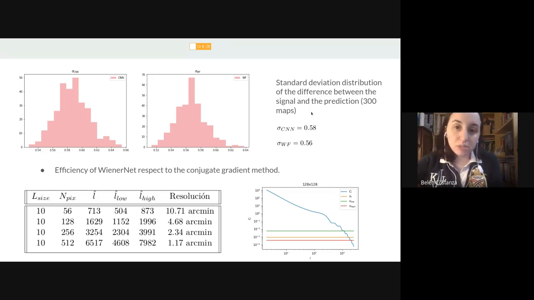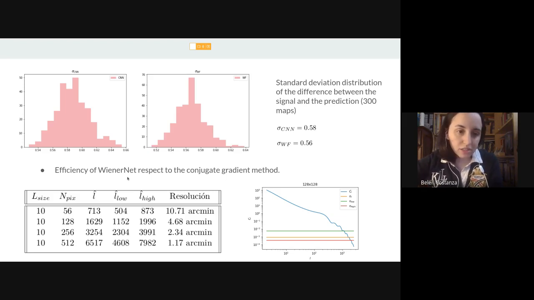And we calculated the mean of the standard deviation, and we found that both methods have very similar means of the standard deviation. So with all these results we can say that making the Wiener filter with the neural network gives results that are very close to the results that we expect with the conjugate gradient method.